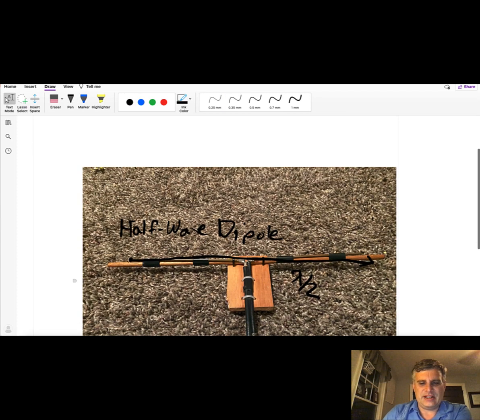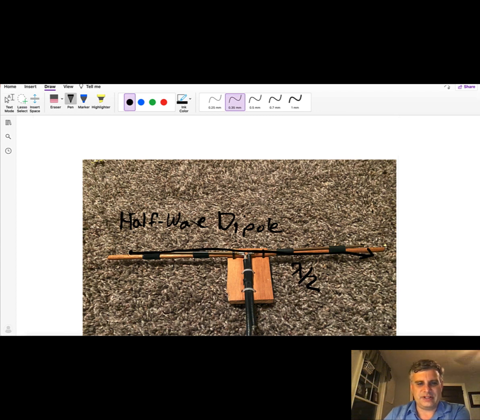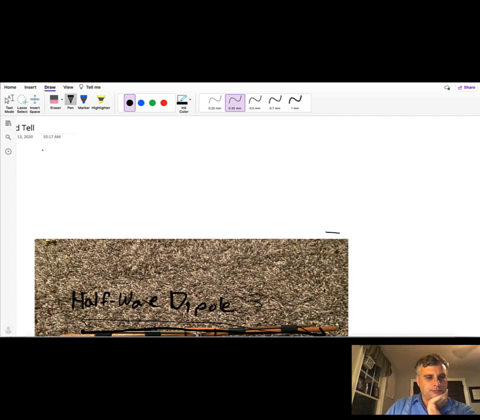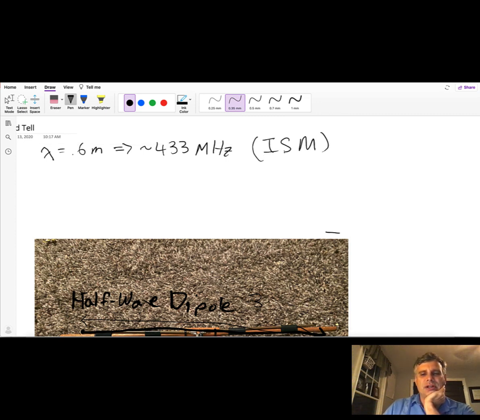For this type of antenna here that I have a picture of, this is about 1 foot long, about 30 centimeters. So that means that the wavelength here is about 0.6 meters or somewhere around 433 megahertz, which happens to be an ISM band, industrial, scientific, medical.